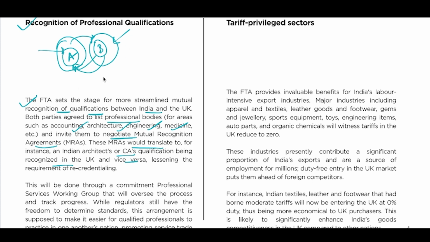And that is why first they have to work out mutual rules which will subject each other's educational institutions, and they will make sure that whenever the degrees come from a selected set of institutions, they would be recognizable. After the finalization of the mutual recognition agreements, MRAs, professionals from India can practice in UK, and professionals from UK could practice in India, which is so far not possible.